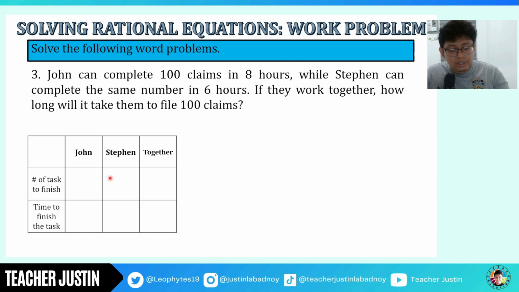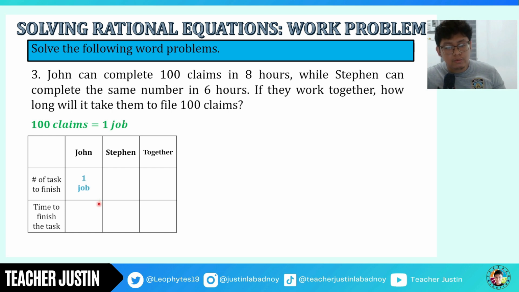So we can consider having 100 claims being equal to 1 job, so that our numbers will be smaller. Papaliitin lang natin. It is the same if we're going to place here 100 claims, 100 claims, 100 claims. Pero since puro 100 claims si John, Stephen, and if they work together, we will consider it as one task.